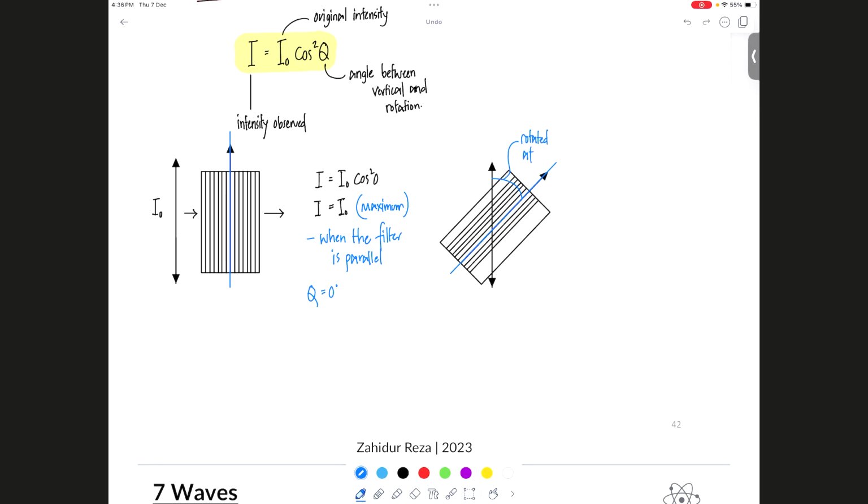Can you tell me how would the intensity look like right now? It'll be I naught 3 I naught by 4. 75% of the I naught. Try and see what you get. Make sure it's in degree mode.